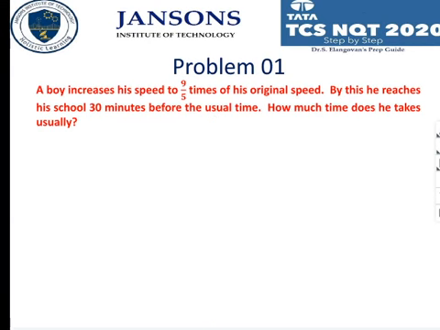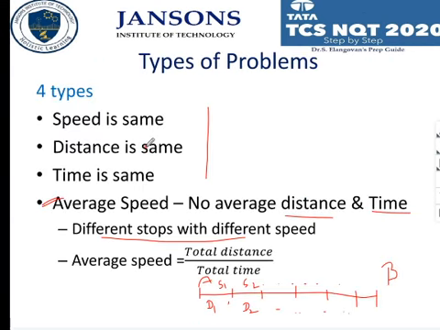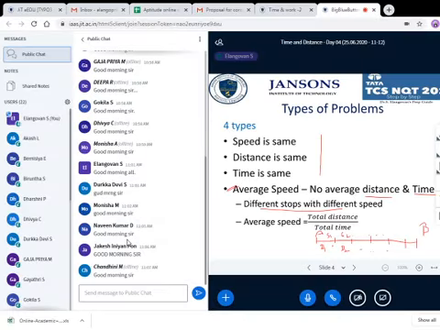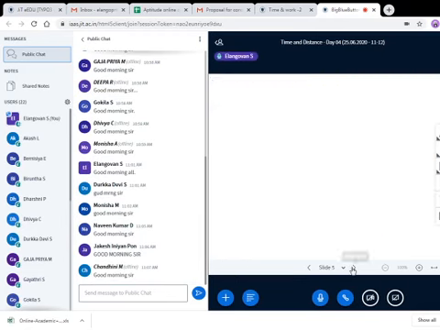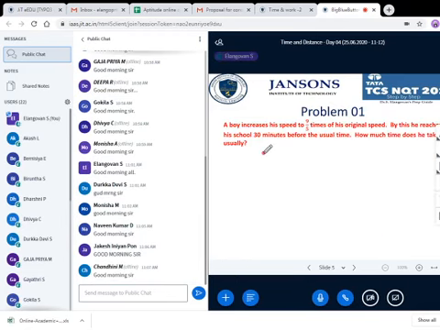So I told you that there are 4 types of problems: speed is same, distance is same, and time is same. So what will be the type of problem we would have got here? Nothing is in chat. Okay. Which type of problem may it be? A boy increases his speed to 9 by 5 times of the original speed.